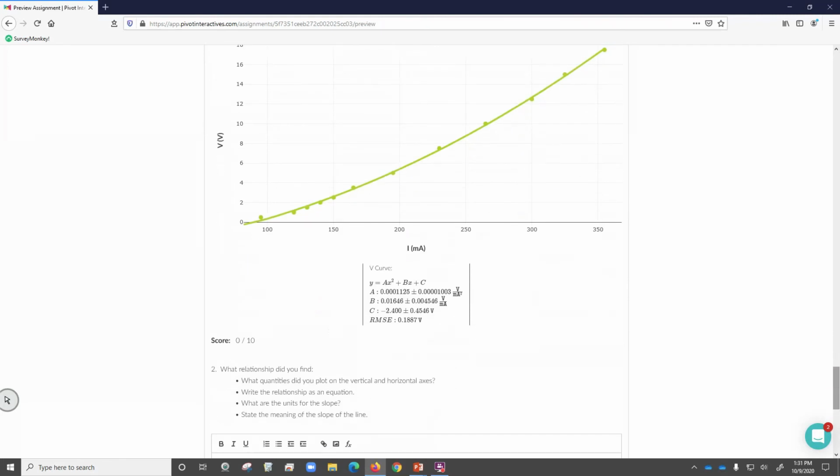Is it linear? No. What equation do you see? This. But in this equation, you have to replace these generic variables x and y with the actual variables.